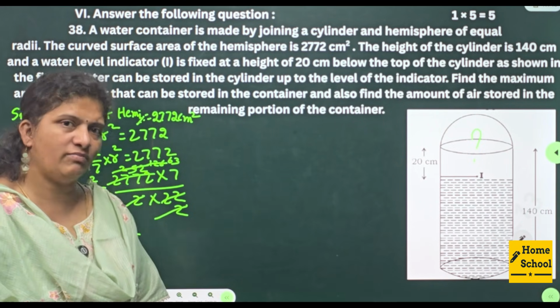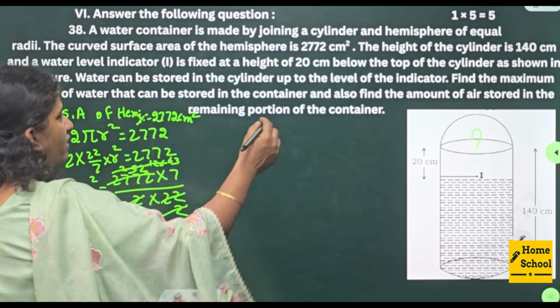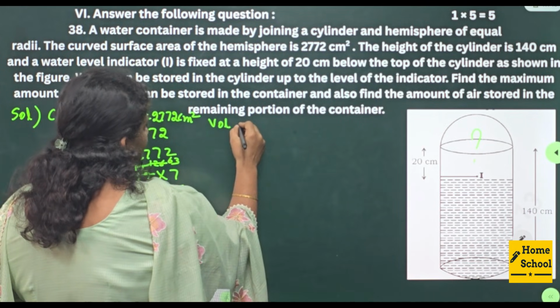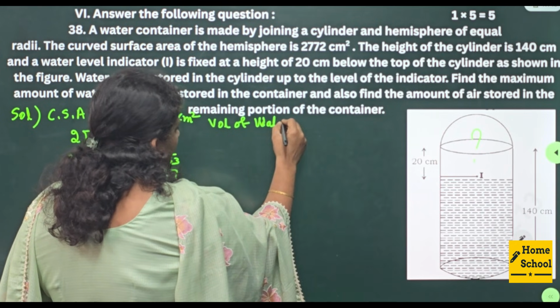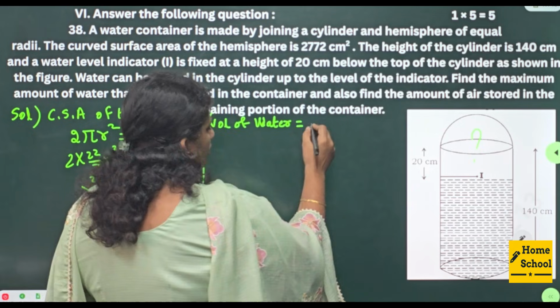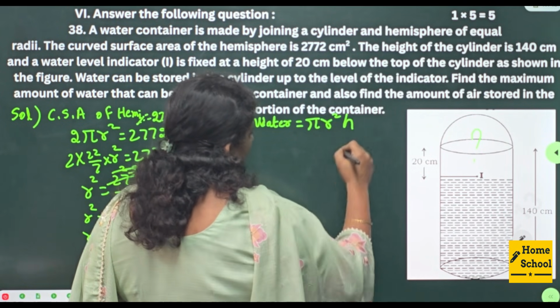What is radius of hemisphere and cylinder? 21 centimeter. Now we have first question. Volume of water in the cylinder is equal to pi r square h.